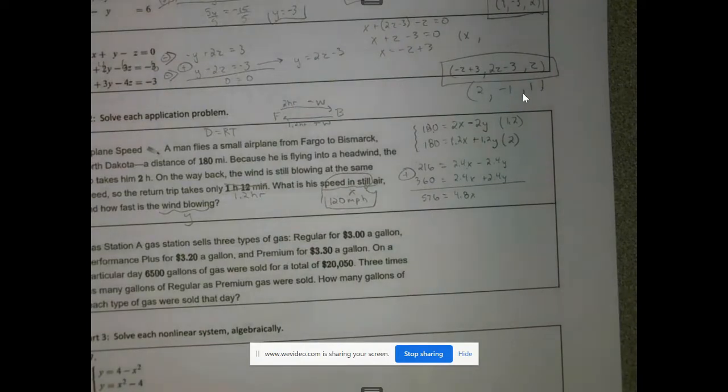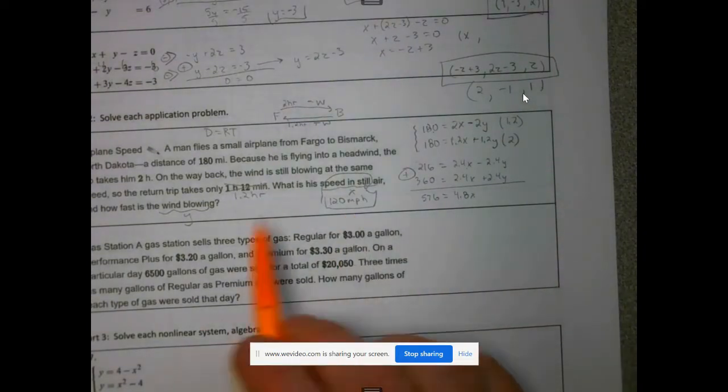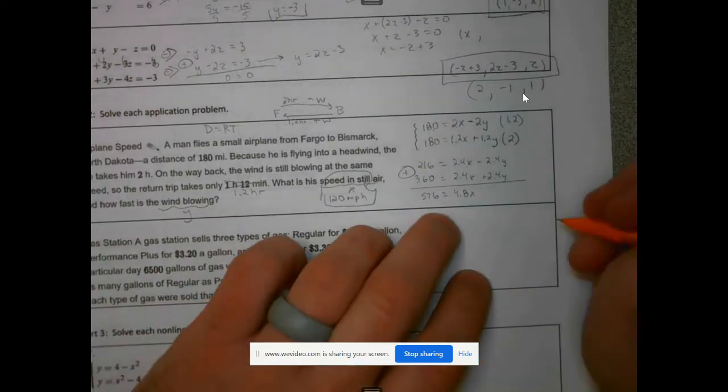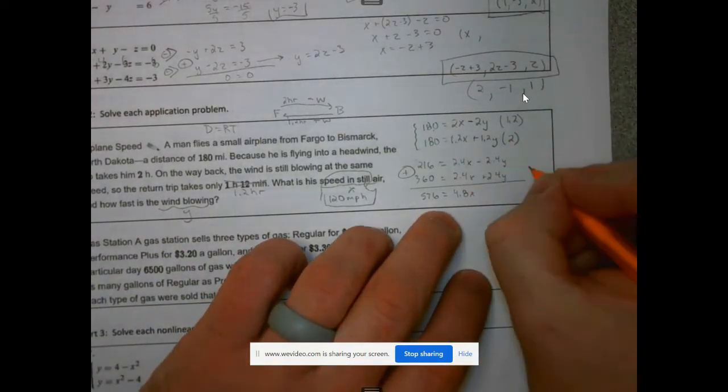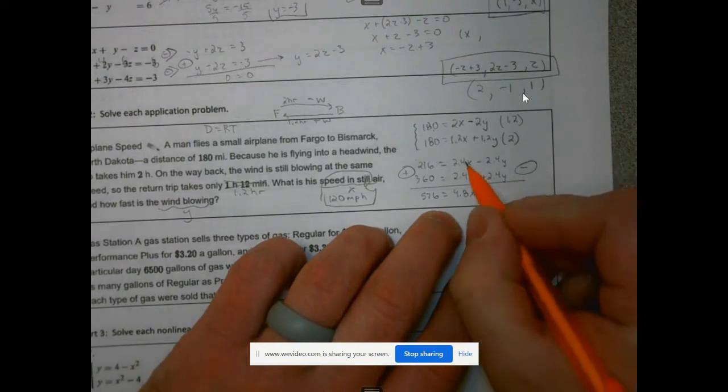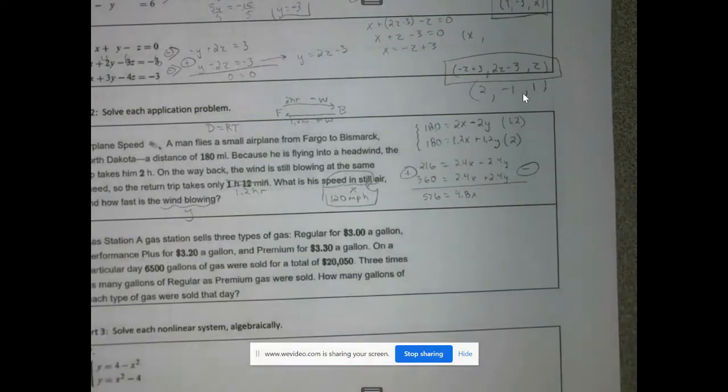Okay, and it also wants the speed of the wind. So instead of canceling the y's, now I'm going to subtract and cancel the x's.